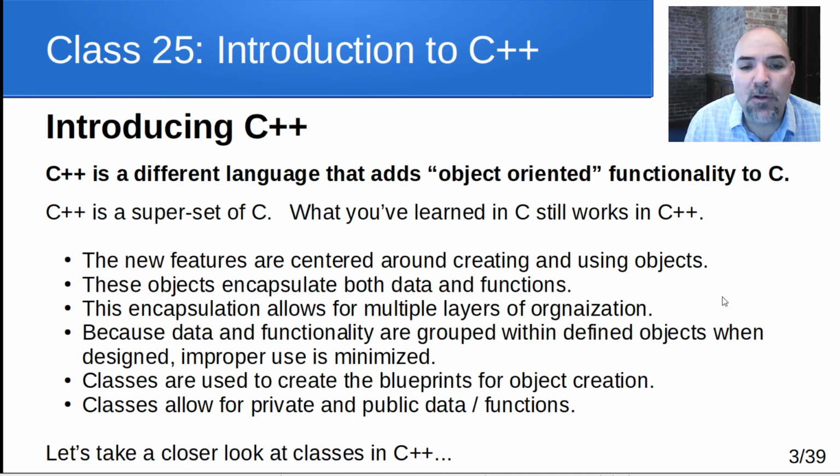There are a lot more layers of organization and control we can create. Because we've defined those objects that way, it reduces the chances for improper use, if we design our program properly, because we have many layers of abstraction we can use to organize things.